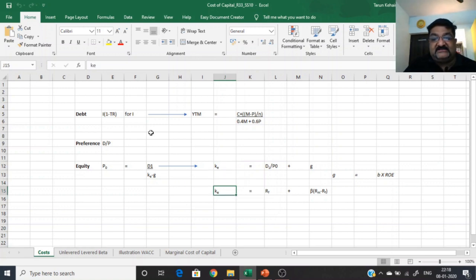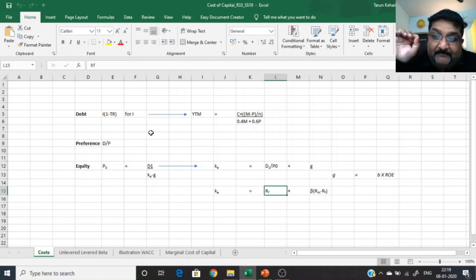The other way to estimate cost of equity is to use the capital asset pricing model, which says that cost of equity is your basic minimum return, which is a risk-free return, plus a proportionate amount of return commensurate with the risk being taken if you are investing in an equity security versus a debt security.